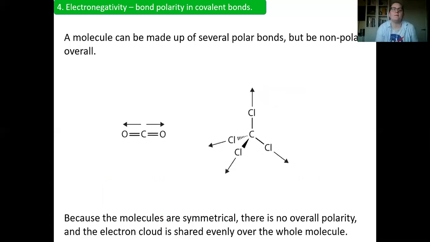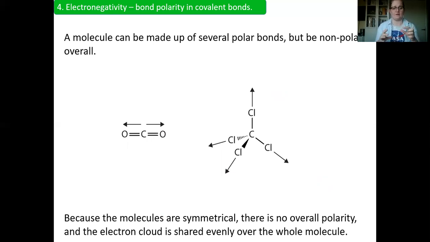A molecule can be made up of several polar bonds, but be non-polar overall. This is about equaling out our charges overall. So here we go with carbon dioxide. Because the molecule is symmetrical, there's no overall polarity, and the electron cloud is shared evenly over the whole molecule.